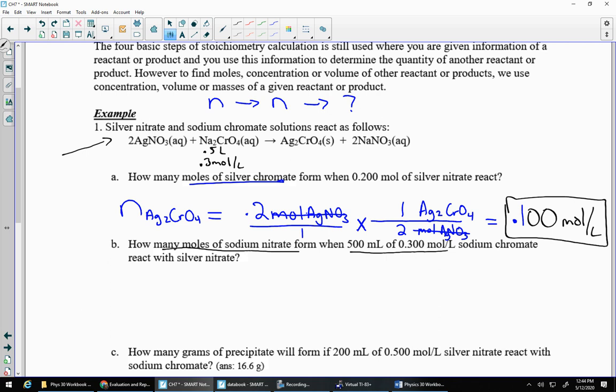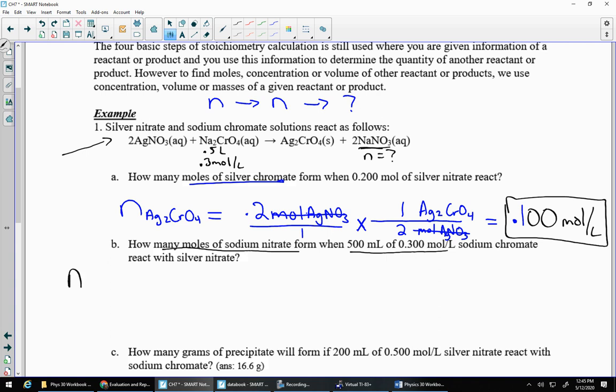Excellent. Right off the bat, looking at that, I can say, oh, well, if I have the volume and I have the concentration, I should be able to figure out the number of moles of that sodium chromate. Part B says, how many moles of sodium nitrate, that's this one, are formed? So the moles of that is my question mark. Cool, so let's start to figure it out.